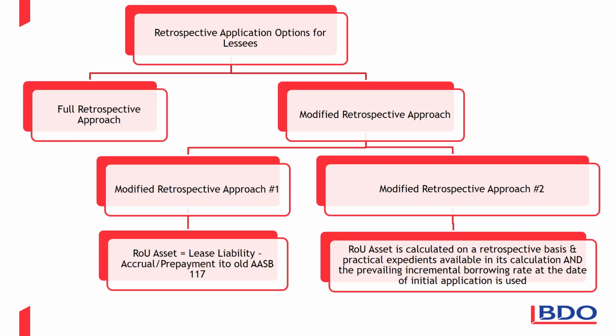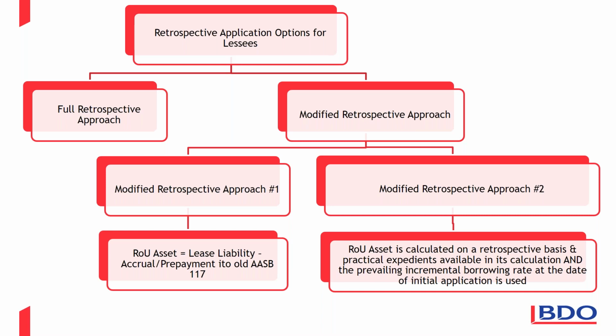So if you look at the retrospective application options for lessees, there's the full retrospective approach and there's the modified retrospective approach. In this diagram, we just lay it out slightly differently. Modified retrospective approach number 1 at BDO, we've branded it number 1 because the other way to refer to it is paragraph and a whole list of numbers.